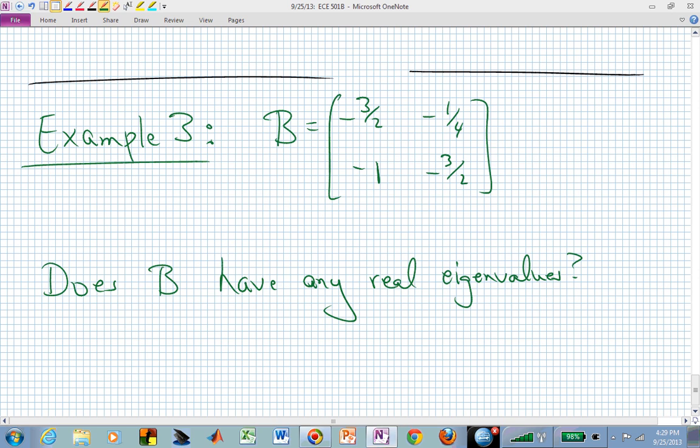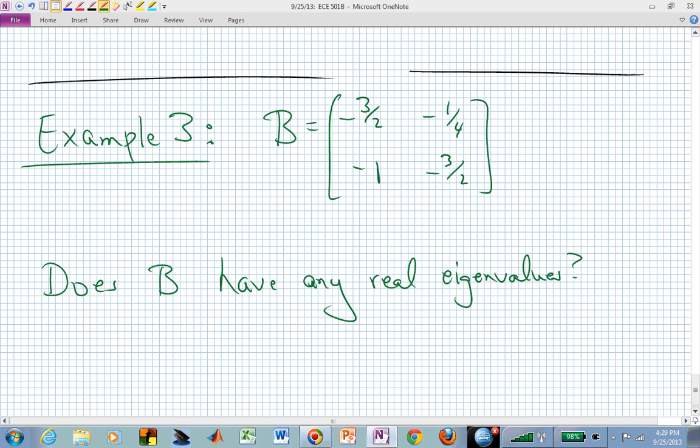Now, if we restrict ourselves to only dealing with real eigenvalues, it may be that a matrix may not have n real eigenvalues. And so for this 2 by 2 matrix, unless you see it directly or if you calculate it, it may not be that it has any real eigenvalues.